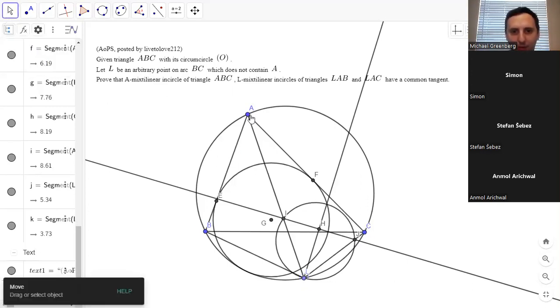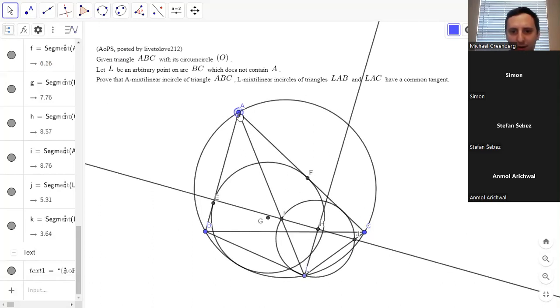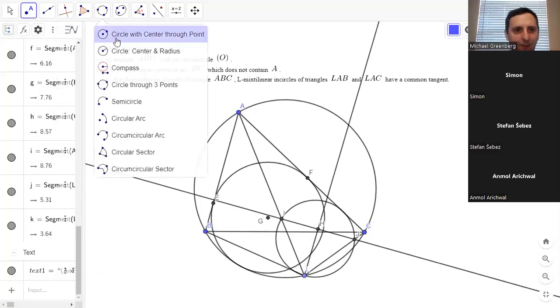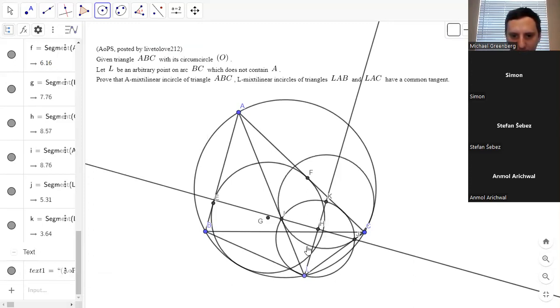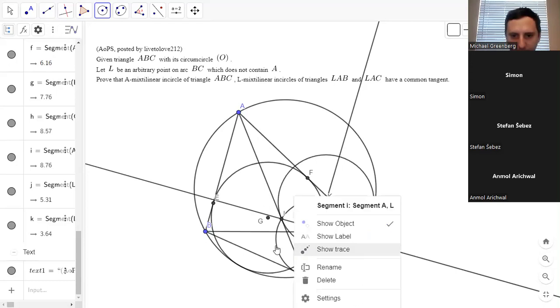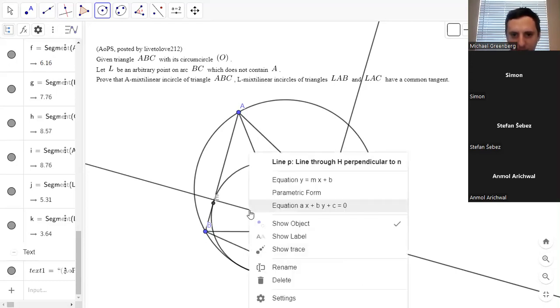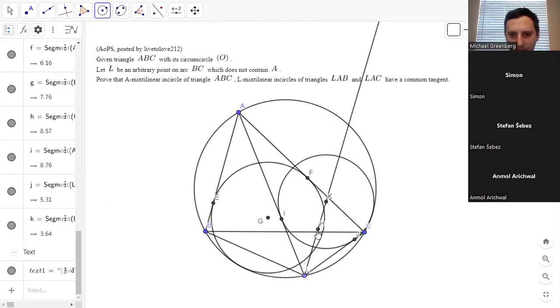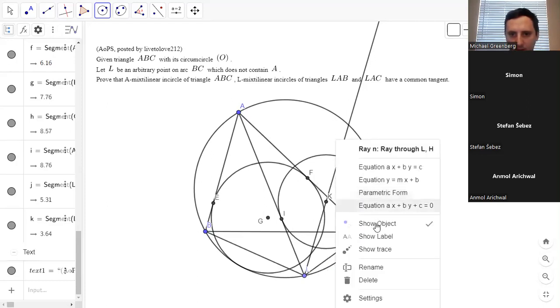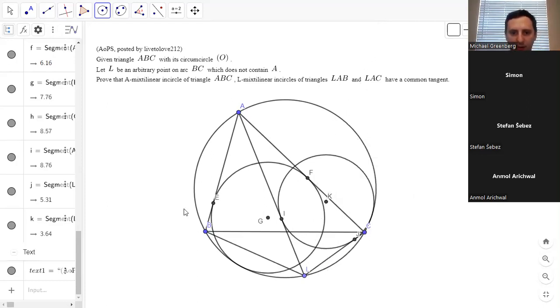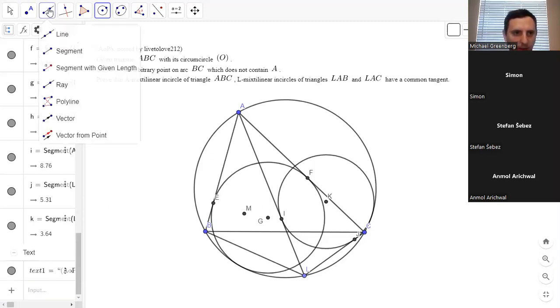So that, well, this is interesting. Are these, okay, they're not concurrent. So that's going to be the center of it. Okay. And then I'll draw the other one, for A, B, and L. And the same idea.